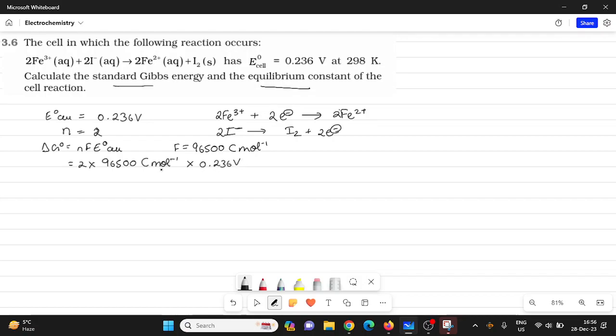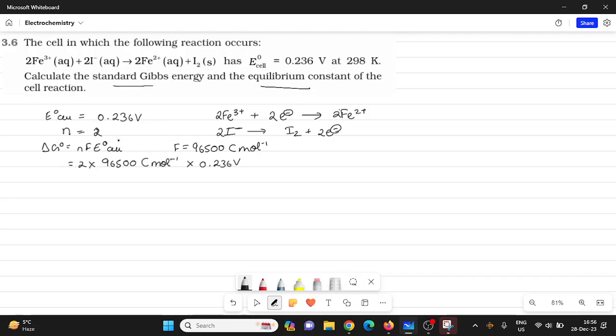0.236 volts. First of all, coulomb volt equals 1 joule. That is something we also discussed for one of the example problems right after Gibbs free energy. Joule is the unit of energy, and the work required to move an electric charge of 1 coulomb through an electric potential difference of 1 volt is 1 joule.